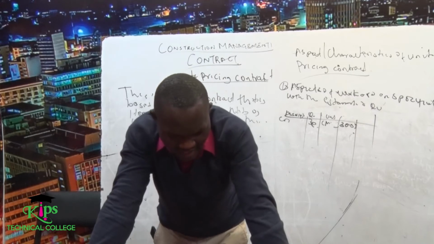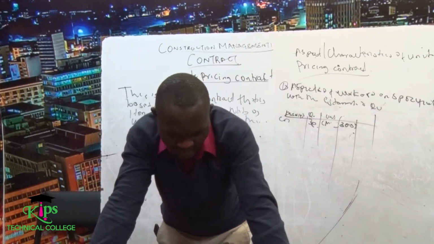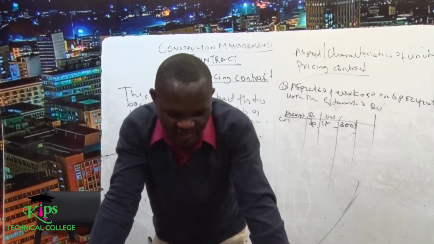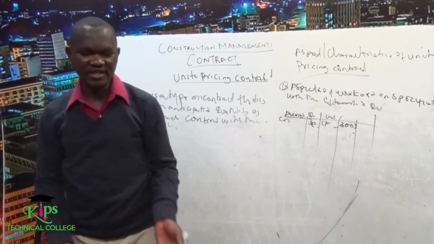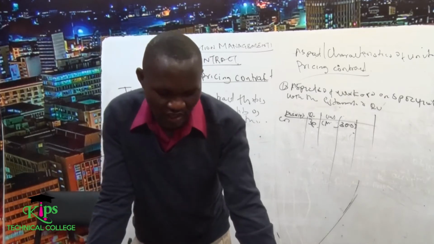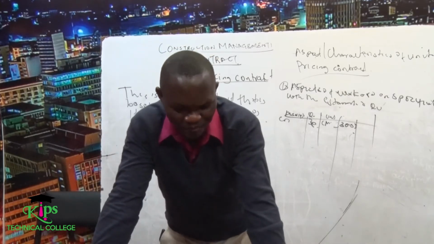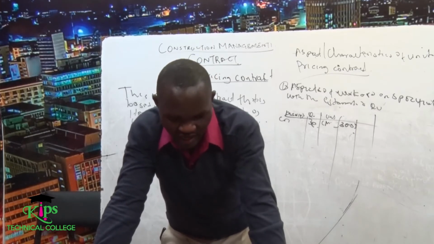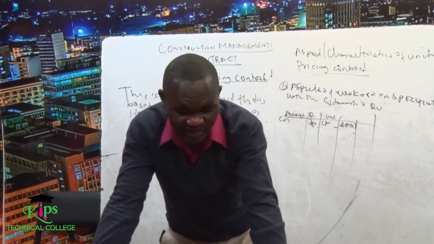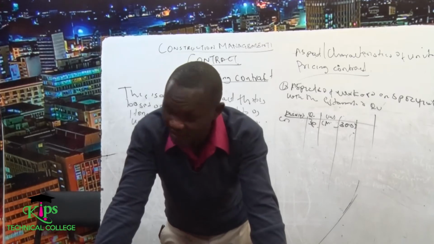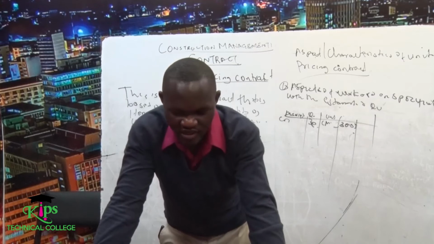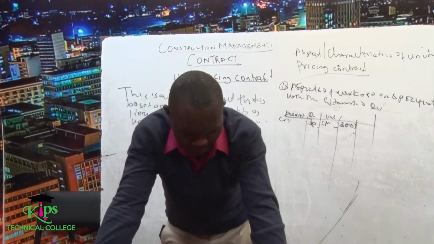Another advantage: if we compare it with the lump sum contract, changes in this contract can be made easily as compared to a lump sum contract. Also, in comparison with the lump sum contract, in a unit pricing contract there is lower risk for the contractor, since you know what you are supposed to be paid.